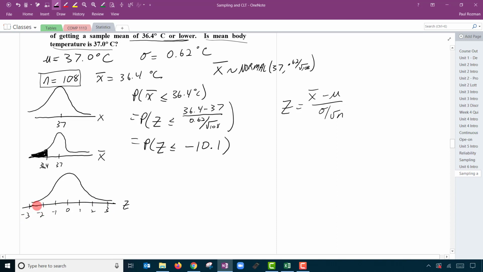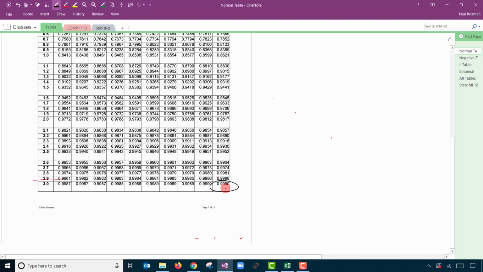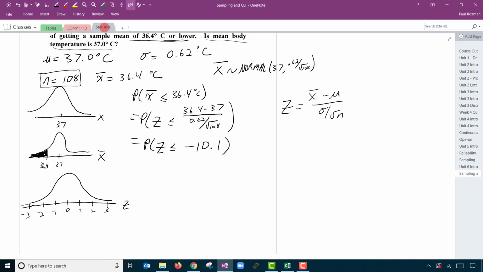And my z table only goes to 3 or -3, so I'm so far off the chart. My z table, the biggest value in there is 0.9990, at 3.09. So I don't know what this answer is, but I know that it's got to be smaller than the smallest thing in my table.